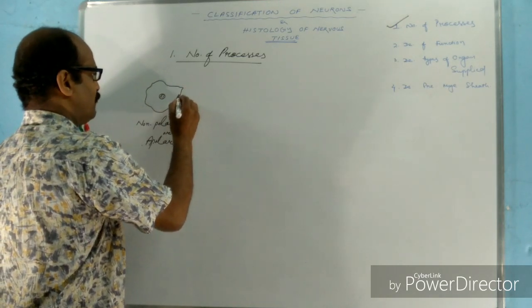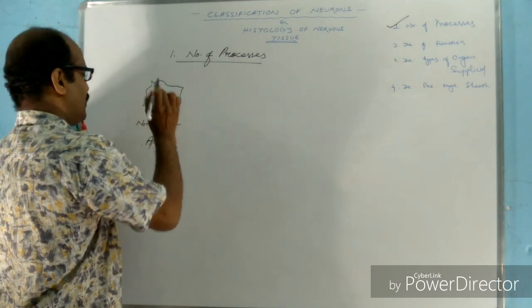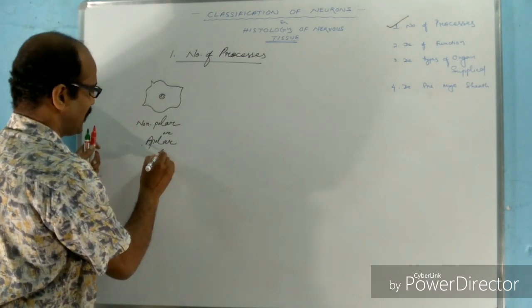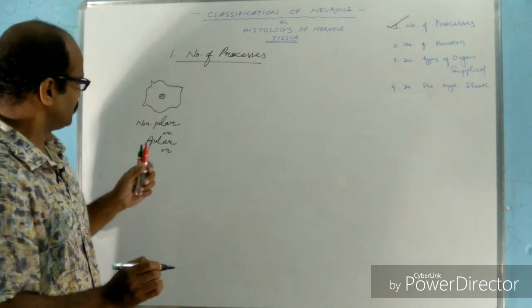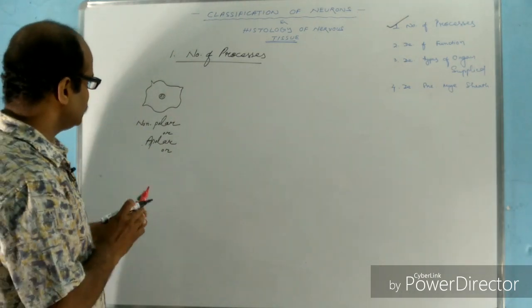There is no difference between axon and dendron.